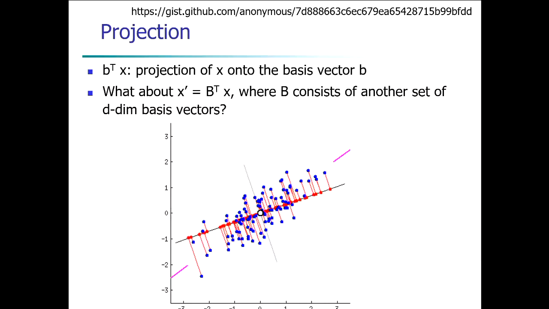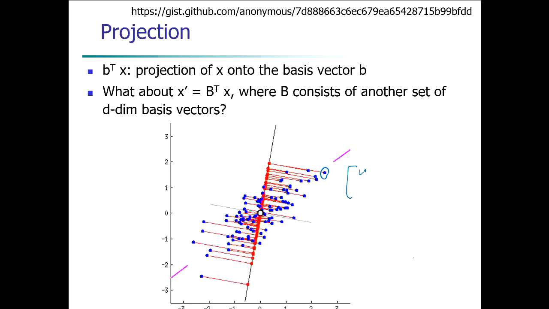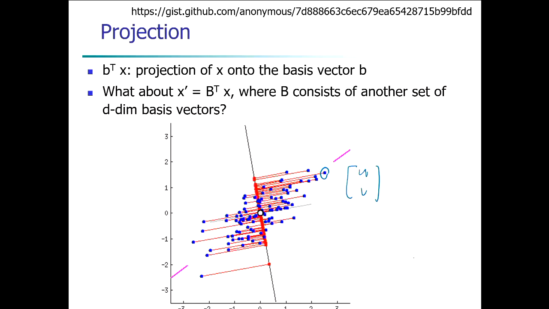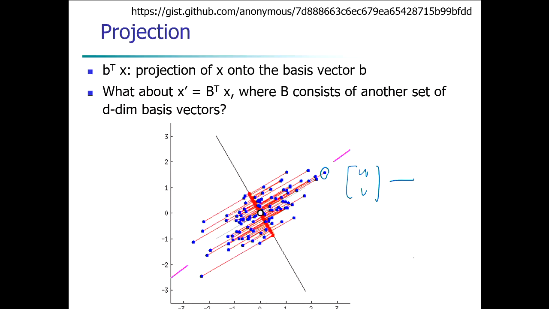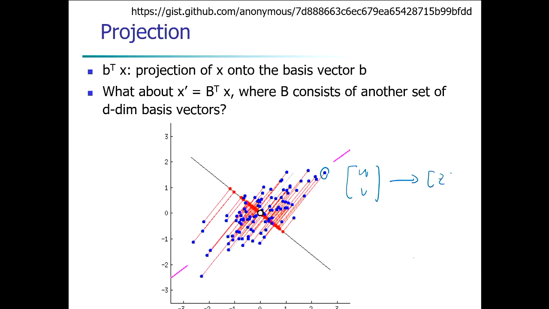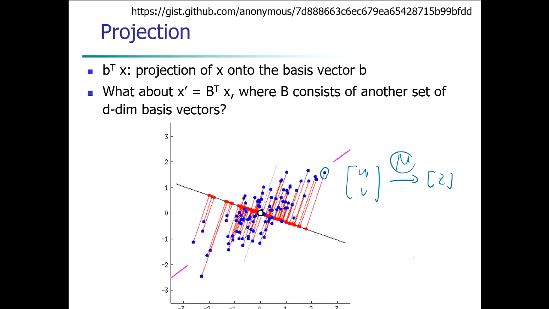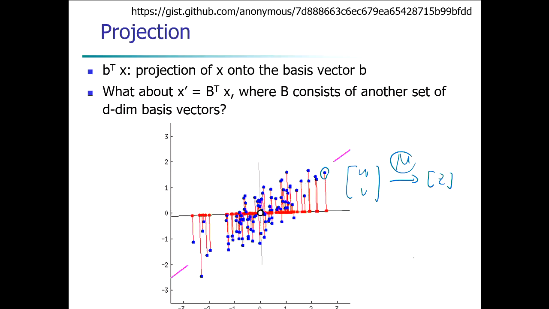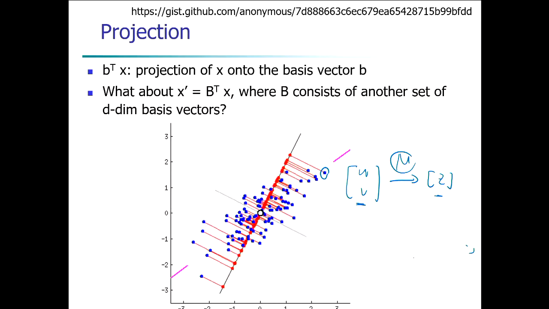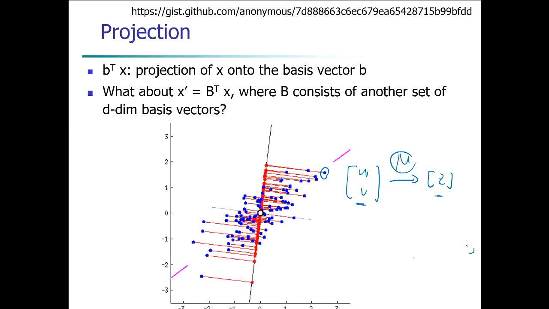If you recall our linear algebra, each point here is just like UV, a two-dimensional vector, right? And if you want to reduce to something called Z, there's a matrix operation to do that, because essentially you map a two-dimensional vector into a one-dimensional vector. This kind of matrix is essentially a projection matrix.